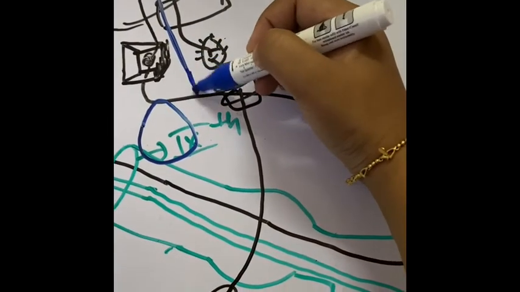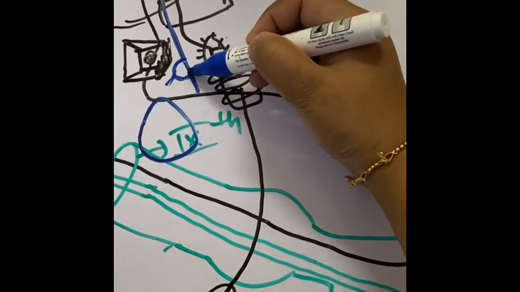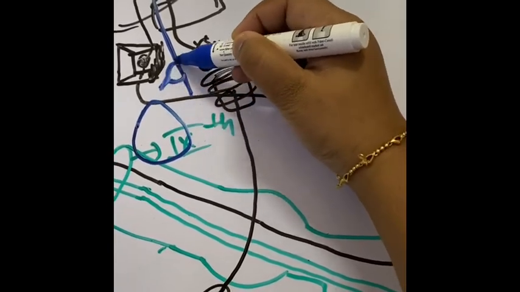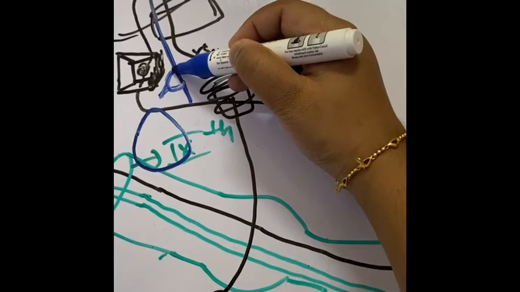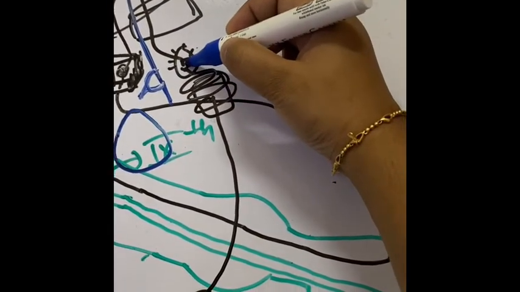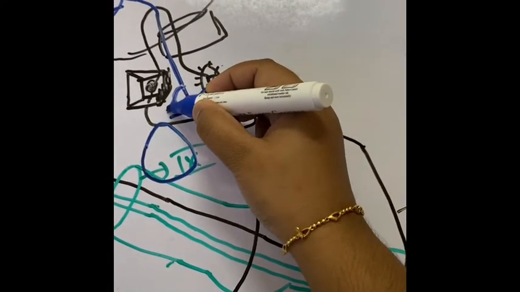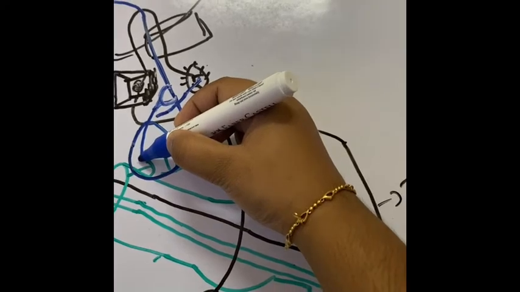The mandibular nerve gives out a branch called the auriculotemporal nerve. It's like a hook originating from the mandibular nerve.